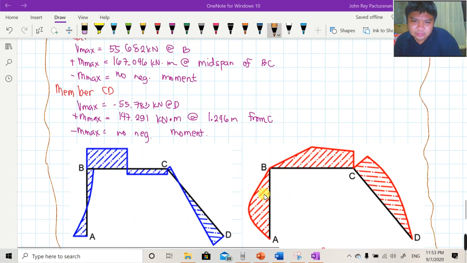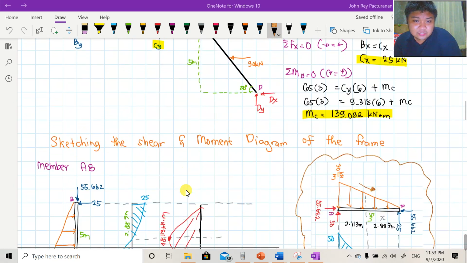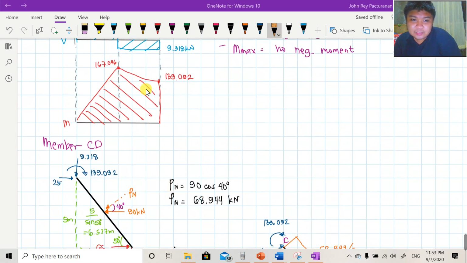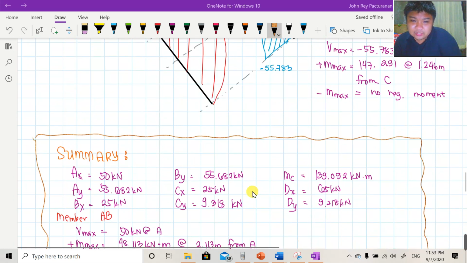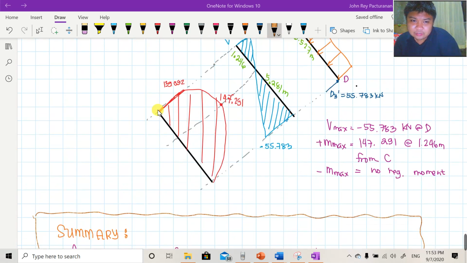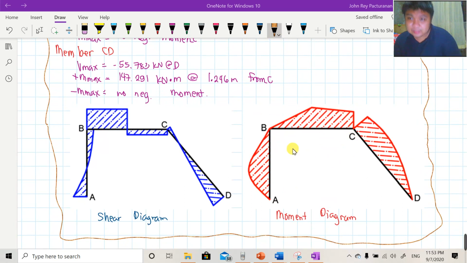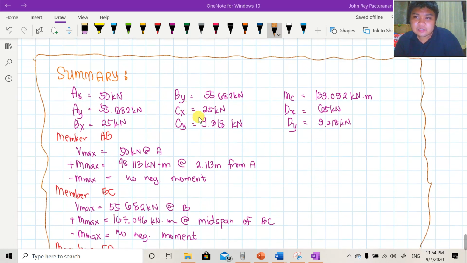Likewise, for the moment diagram, tingnan natin, yung moment for AB, pag ganito, moment for BC, pag ganyan, di ba? And moment for CD, pag ganito, may pataas muna. Ito yung moment diagram. So, wala naman, class, mababago sa ating approach sa pag-drawing ng shear and moment diagram. Okay, literal lang na kinoconnect. So, ito na yung summary ng ating structural analysis dito sa item na ito.